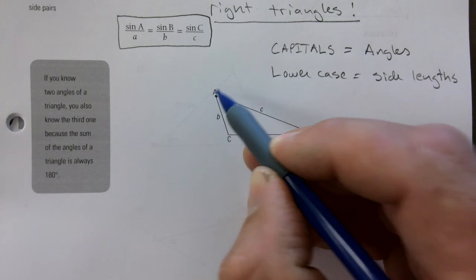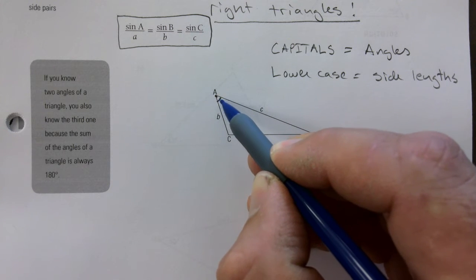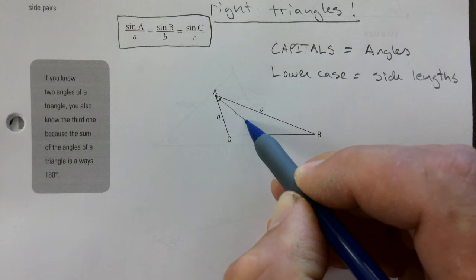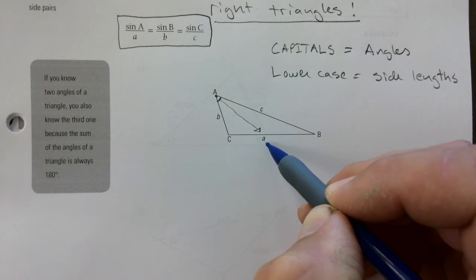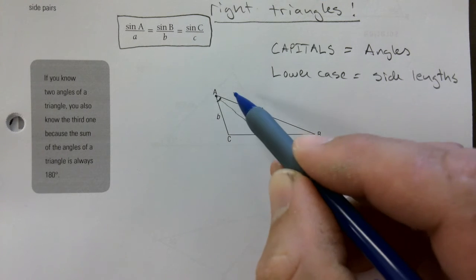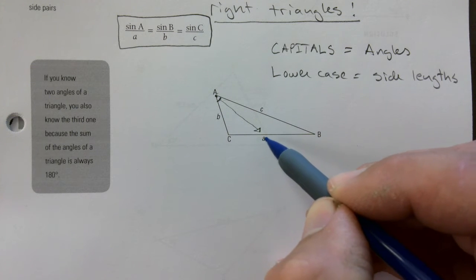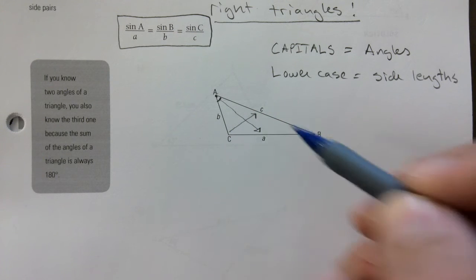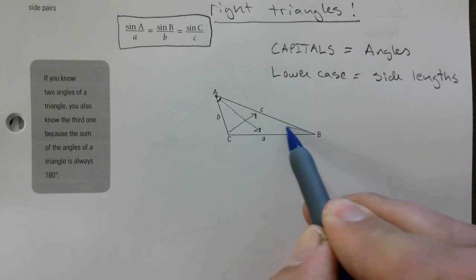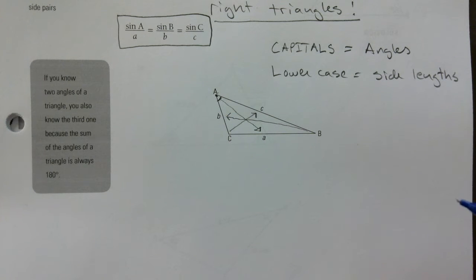So they will label it outside the triangle, but they're really talking about this angle. The side across from it, I encourage you to do that. Arrow going right across, it will have a lowercase a right across from it. So when you're saying this is capital A, this is my angle A, then we know automatically that side A will be across from it. And so capital C will have lowercase c, capital B will have lowercase b across from it. Okay.